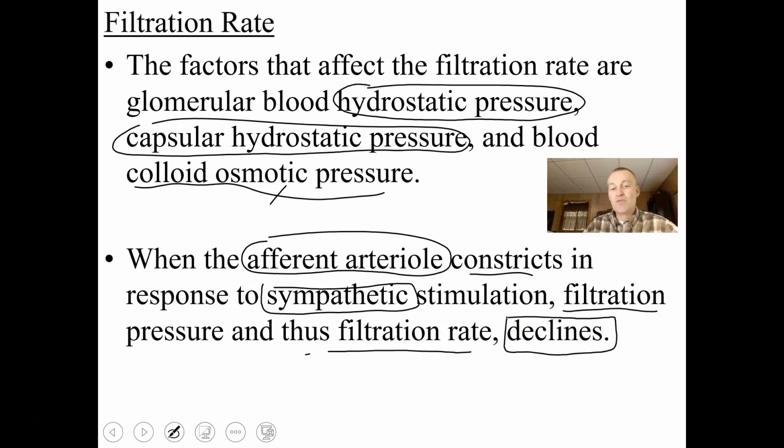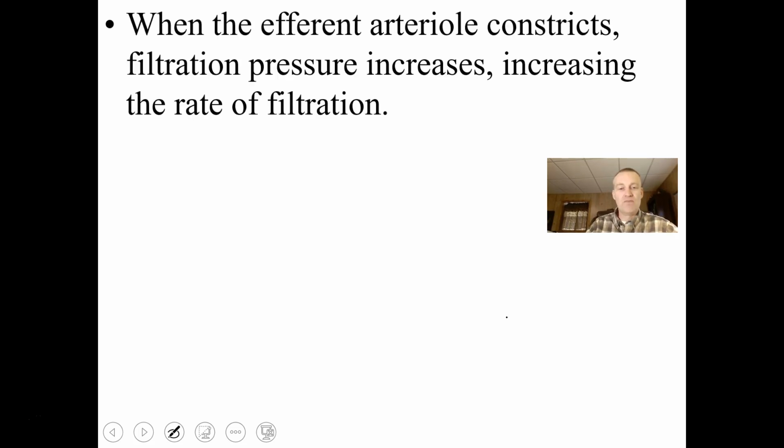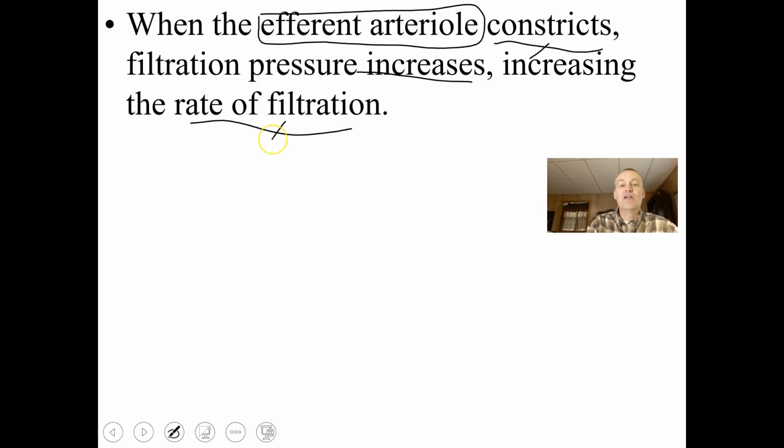Okay, so if you stop sending blood into the glomerulus, of course the filtration rate is going to decline because you've lost your pressure, the main thing that's causing filtrate to be squeezed out. When the little smooth muscles around the efferent arteriole constrict, that will actually increase the filtration pressure, or the pressure inside the glomerulus, the glomerular capillaries, and that will increase the rate of filtration.